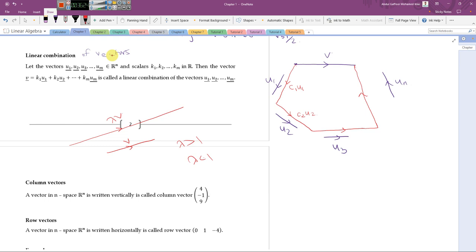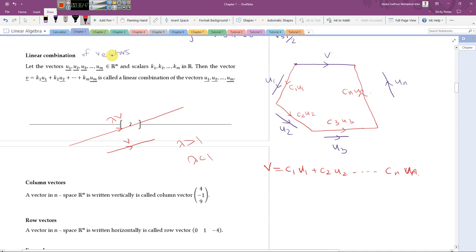Okay, so this is c3u3 and this is cnun, so v can be written as v is equal to c1u1 plus c2u2 all the way to cnun, right?